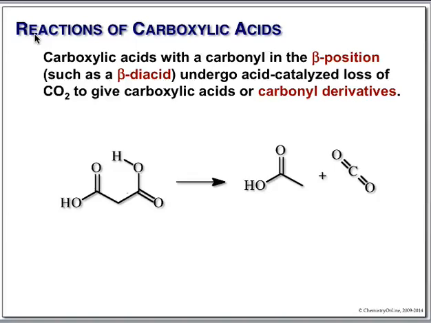The mechanism of the reaction, it's a concerted magic step. What happens is, all at once, the electrons from the OH bond move in to form a carbonyl, that's going to be CO2.